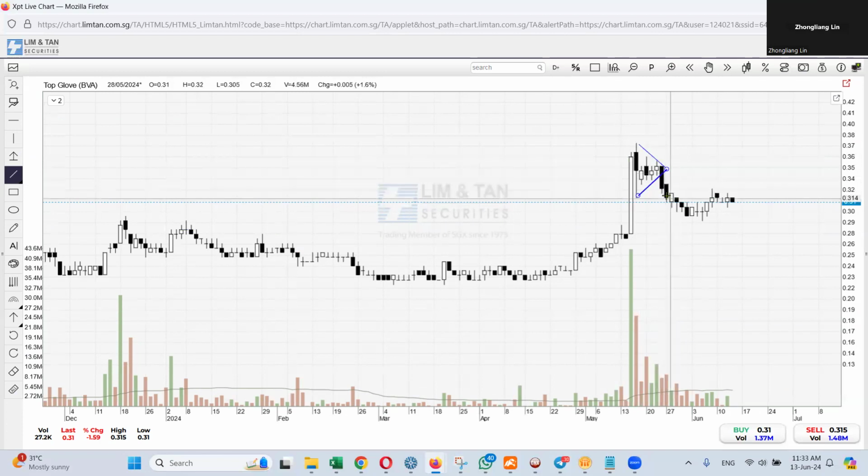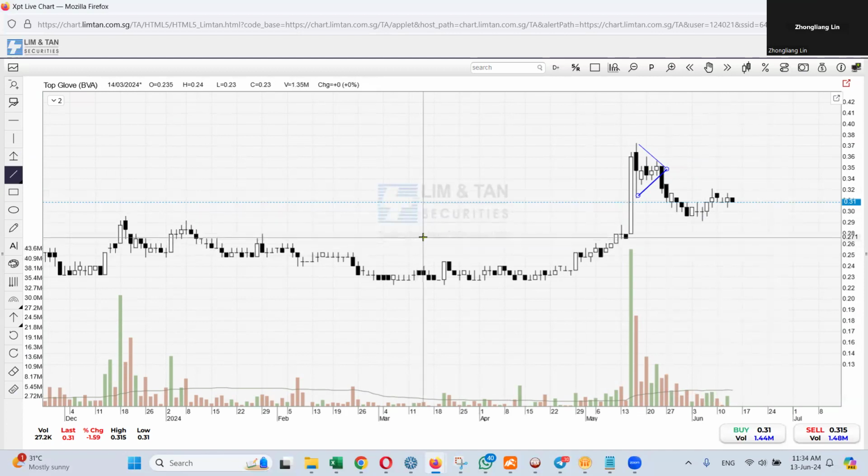So that is a bearish sign already, and you are looking at Top Glove lingering at this low, and of course it hasn't gone into a full-fledged downtrend as yet. If this rebound fails, and it comes back to this low, around 2.80, 2.90, or 0.29, then it may continue its downtrend.